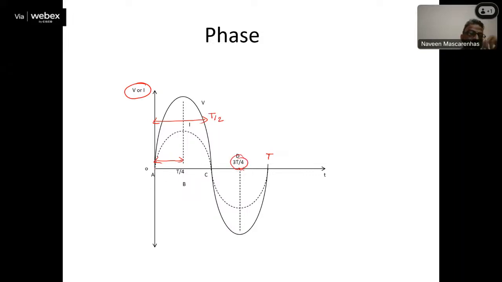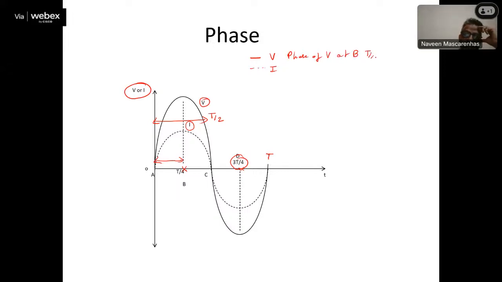So phase can be defined at any point, A, B, C, D, whatever. Let's say I want to define the phase at B. This graph is V, and the dotted graph is of I, let's say. So the bold one is V and the dotted graph is of I. What is the phase of V at B?